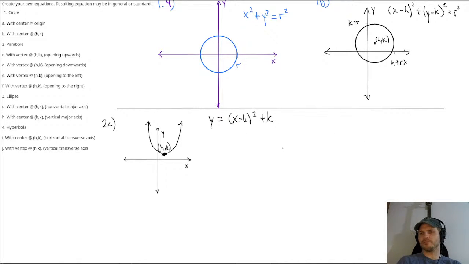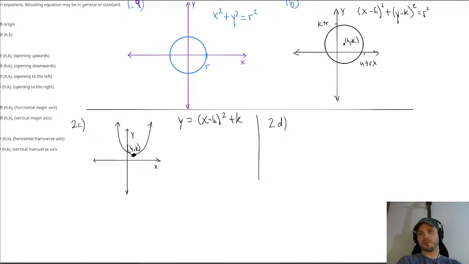And then let's go to D. It's going to be opening downwards now. So the same thing, we just want a negative coefficient out front. It's going to be the exact same thing, but with a negative coefficient, and that causes it to go downwards. All right, label our axes.